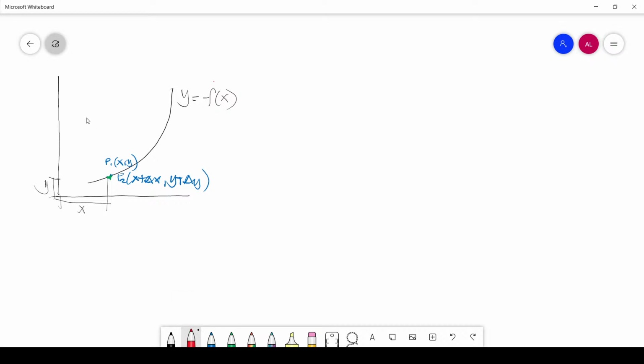But since point 1 and point 2 are so close to each other, the line formed intersects our function y equals f of x at just one point. And that line is called what? That line is called a tangent line.